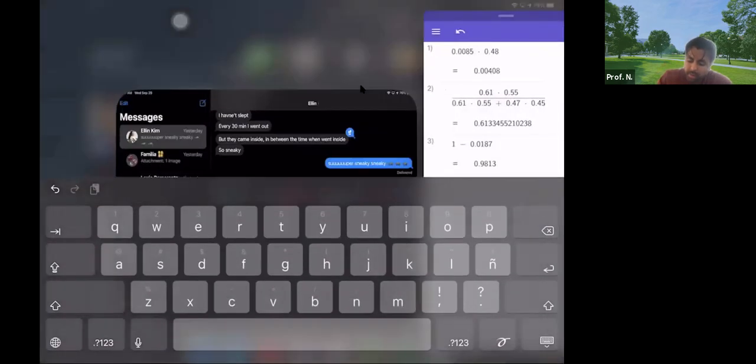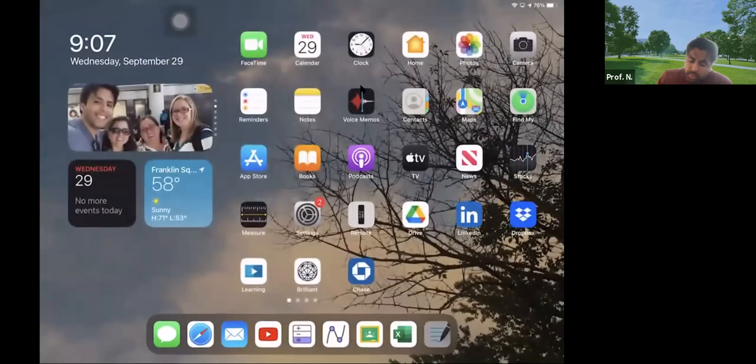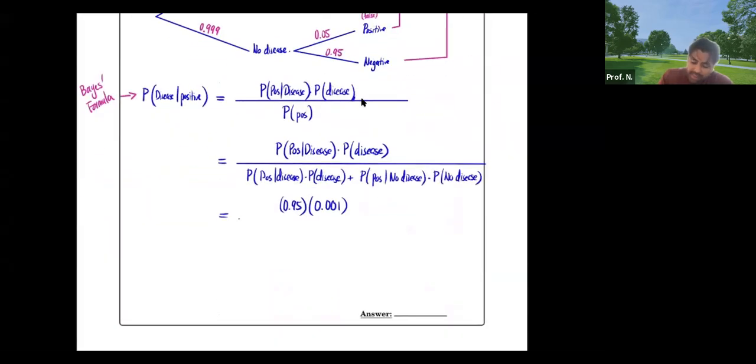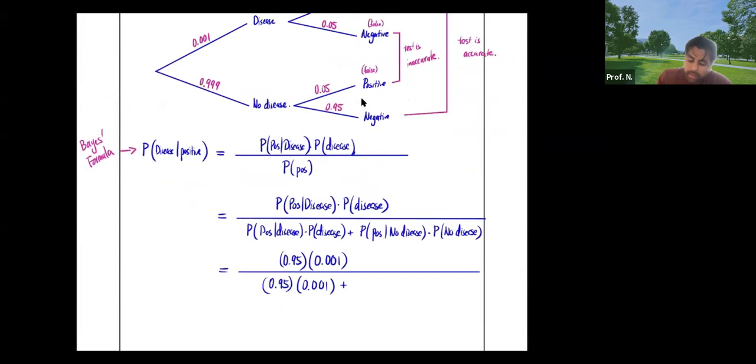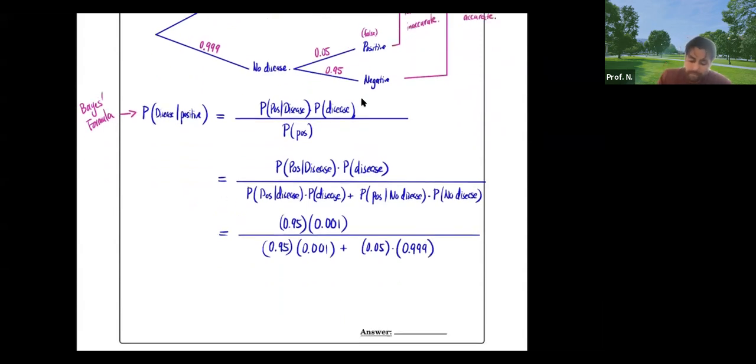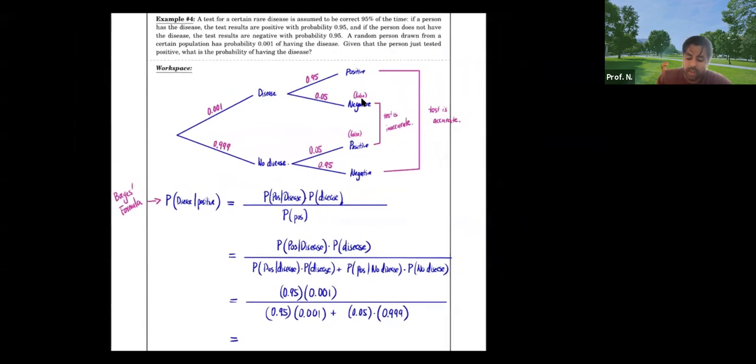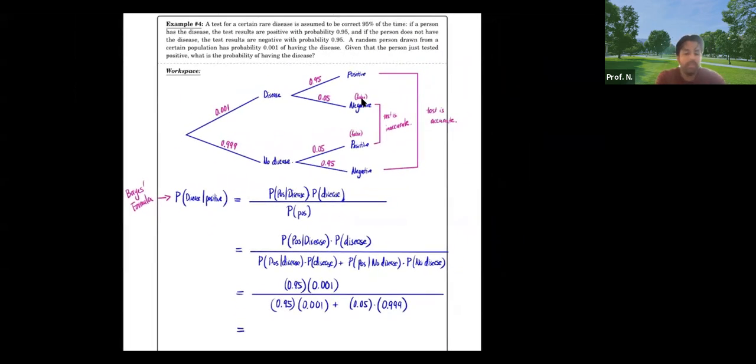And then you got 0.95 multiplied by 0.001 plus the probability that it's positive given that I don't have the disease, which is 0.05, multiplied by the probability that I don't have the disease, 0.999. Okay. And now, can anyone tell me what you get as your final answer?